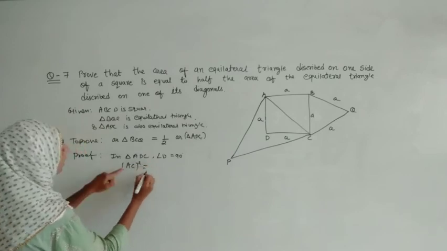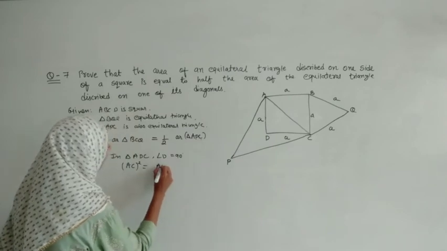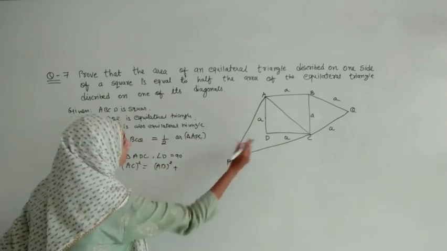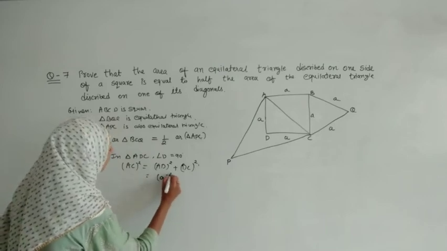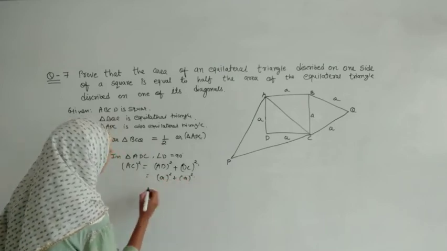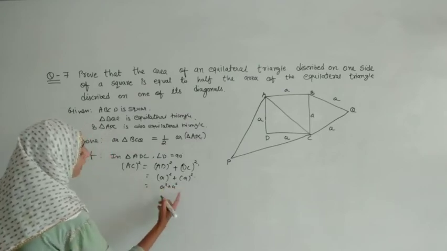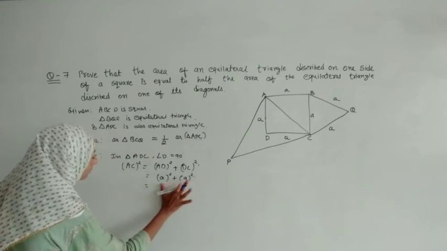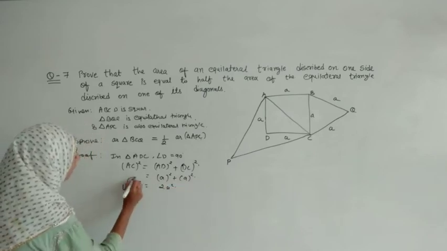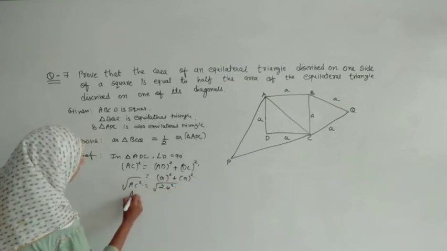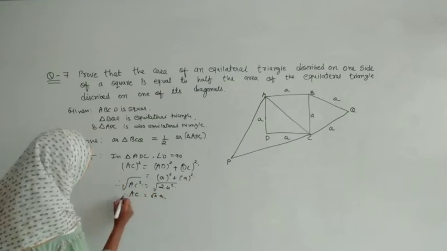Here the diagonal squared, AC square, is equal to AD square plus DC square. Let us substitute the values: it becomes a square plus a square, so I can write it as 2a square, and that is the value of AC square. Let us take the root on both sides.